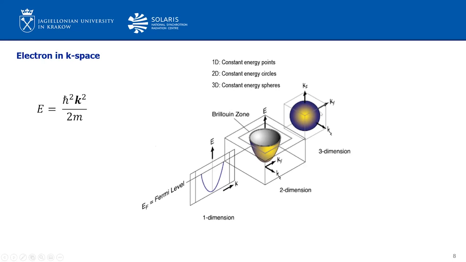And for the Fermi shape in three dimensions, we see a sphere. But this is only for a parabolic dispersion relation.